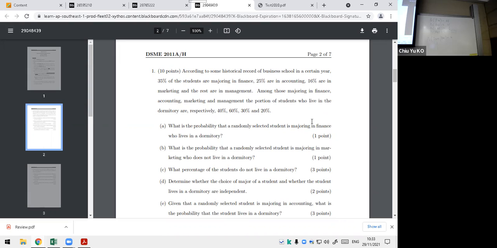You can see I made this question myself, because this is what happens in our school. Management means hotel management, I think. So the question now is A: what is the probability that a randomly selected student is a finance major who lives in a dormitory?